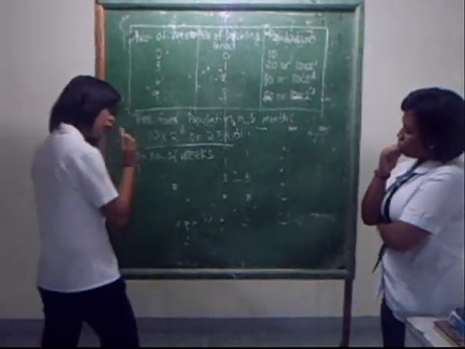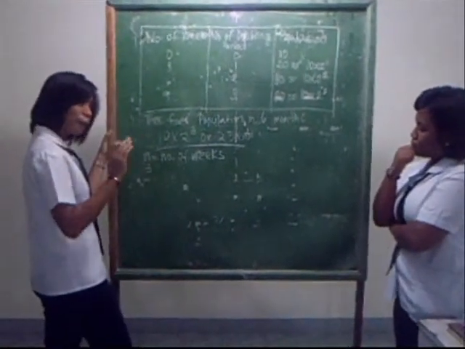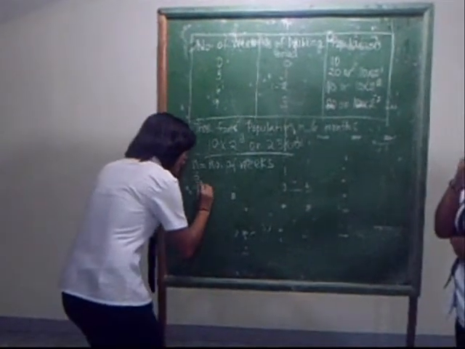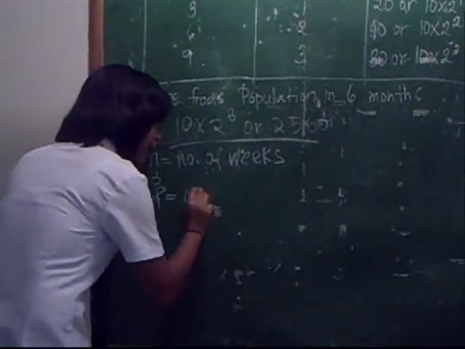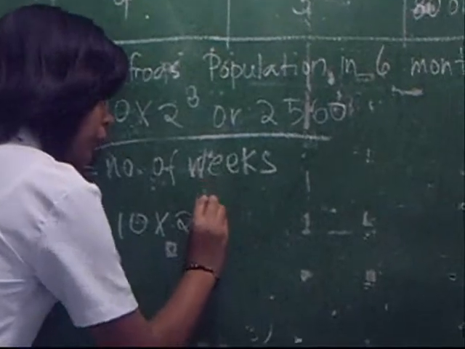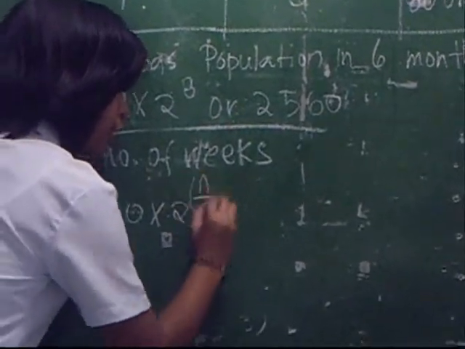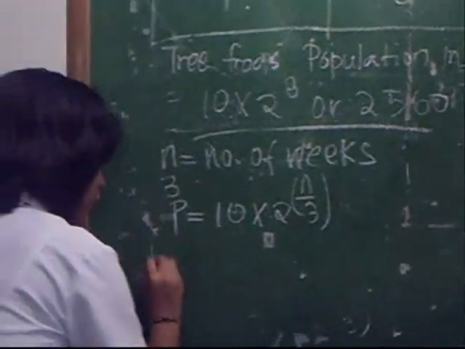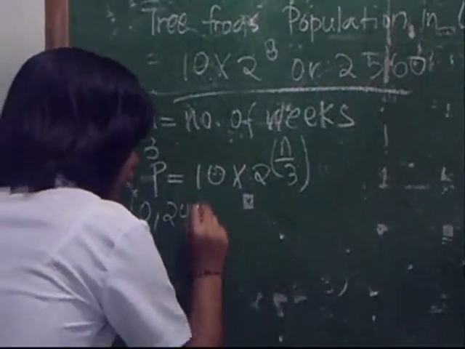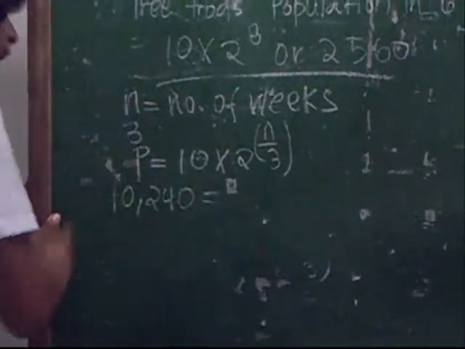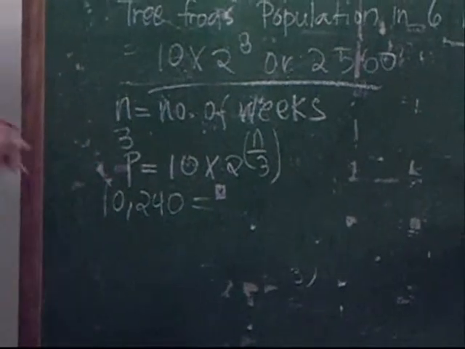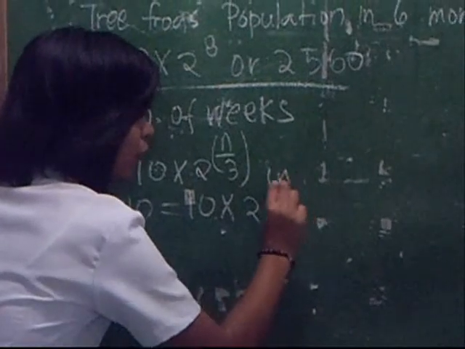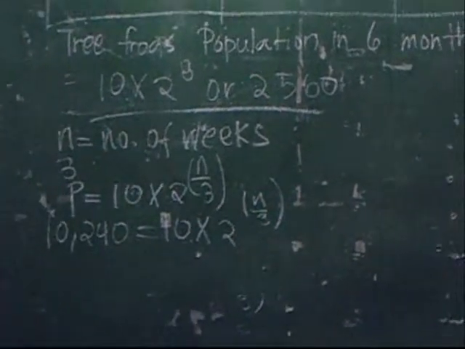Yes. So the formula for the population of tree frogs would be P is equal to 10 times 2 raised to n over 3. Since you said that the population of tree frogs is 10,240, we will substitute it in P. Then 10,240 is equal to 10 times 2 raised to n over 3.